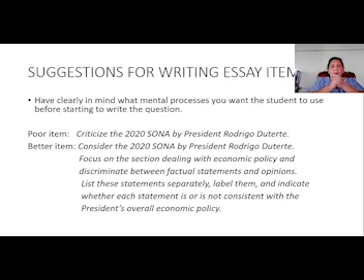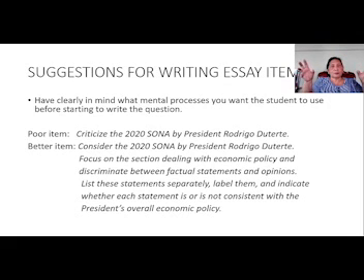Here are a few suggestions for writing essay items. Have clearly in mind what mental processes you want the students to use before starting to write the question. Would you want them to compare, to contrast?